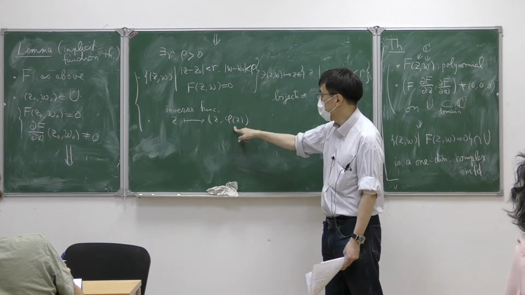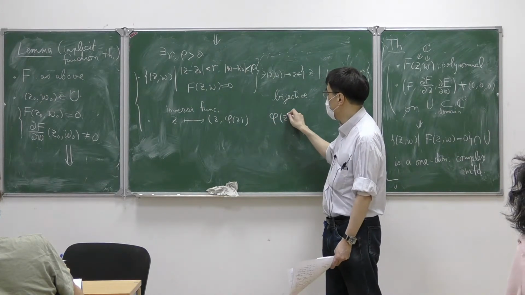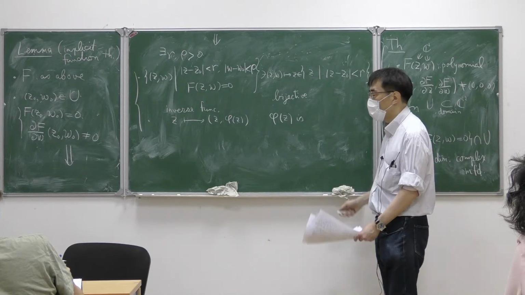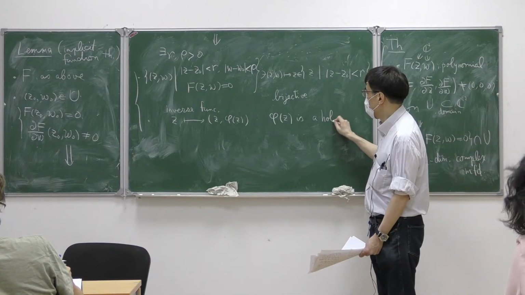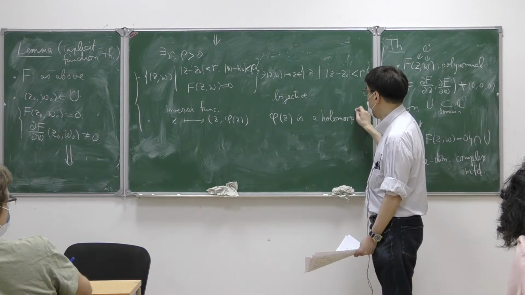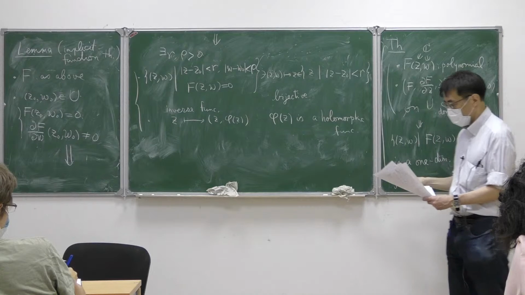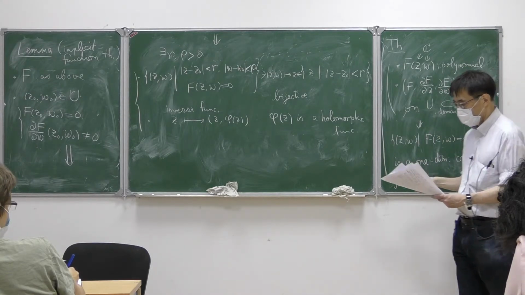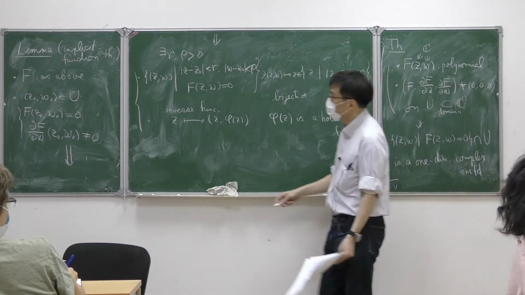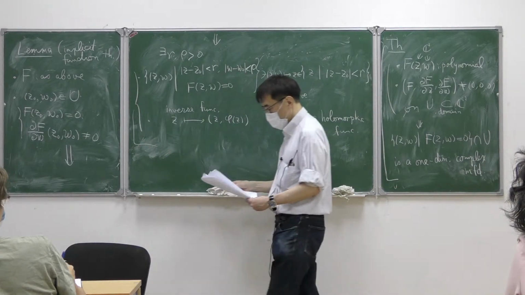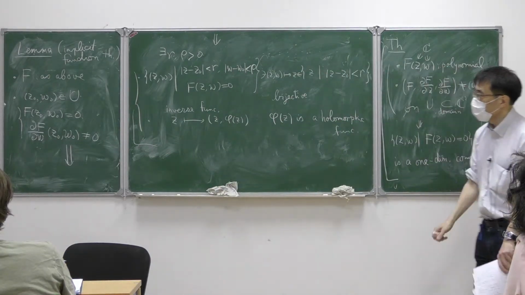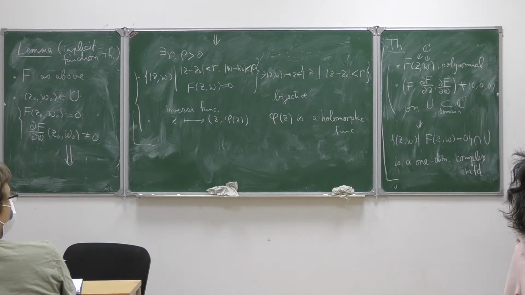Then the second component, phi, is a holomorphic function. This is the implicit function theorem in this case, in the complex region.